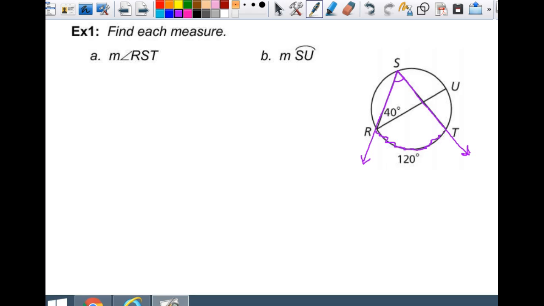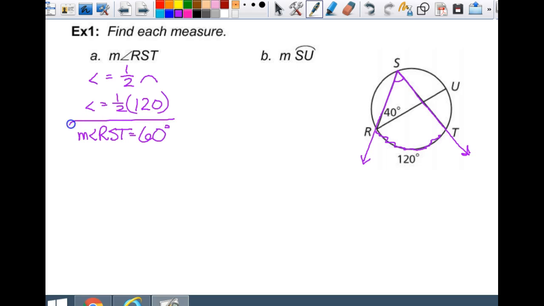Then if you keep repeating to yourself that the relationship here is that the angle is equal to half of the arc, then that means the angle you want is half of 120, which means the measure of angle RST equals what? 60 degrees. You see how easy that is?